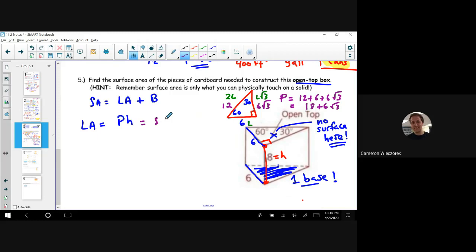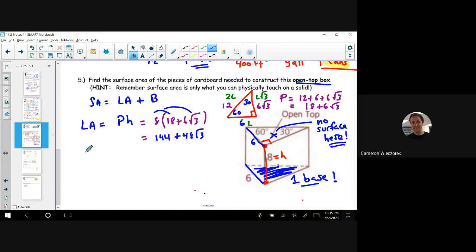The height was 8, and the whole perimeter is 18 plus 6 rad 3. So I get, if I distribute, 18 times 8 would be 144. And then if I distribute 8 times 6 rad 3, I would get 48 rad 3.